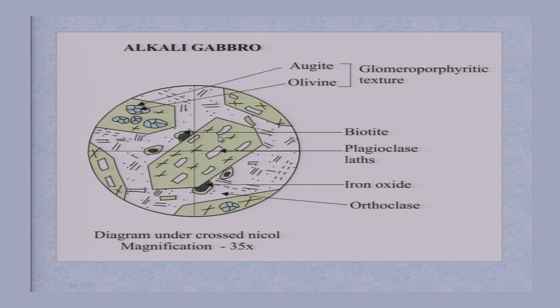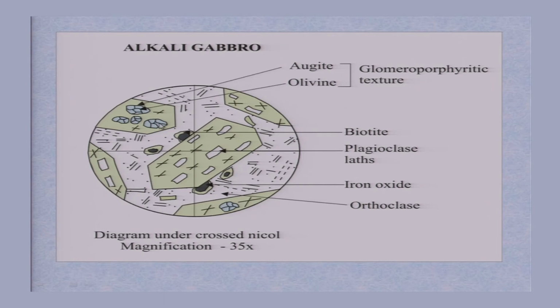Alkali gabbro is slightly different mineralogically, but texturally also it is slightly different in the sense that it contains glomeroporphyritic texture. Glomeroporphyritic means so many phenocrysts are clubbed together, clustered together at one place.